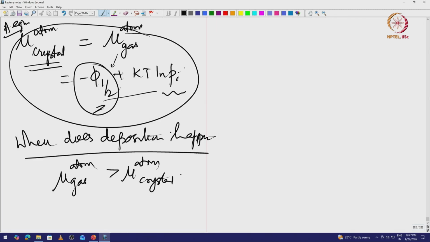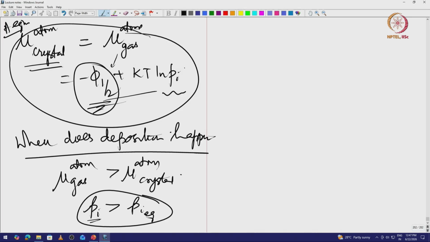That means Pi should be greater than Pi equilibrium. The only thing that changes, because the half crystal position enthalpy is going to be the same as I detach atoms from that half crystal position, the only thing that can change from environment to the solid is the Pi.